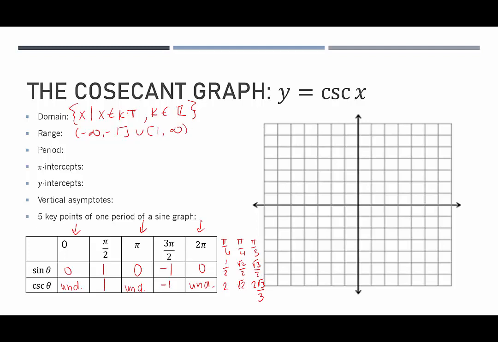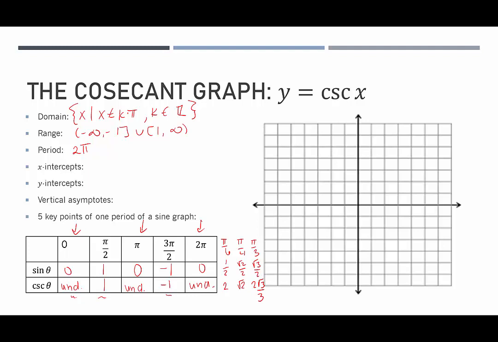A period here, so again, we're looking for a complete cycle. It's a little bit hard to see, but the cosecant period will be the same as the sine or the secant, and it's going to be 2 pi, because it has to go from undefined to 1 to -1 back to undefined.